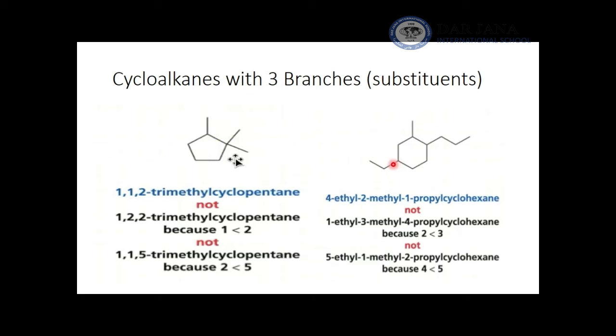The value of these numbers is 4 plus 2 plus 1, 7. If you start numbering from ethyl, 1, 2, 3, 4, so the values are 1, 3, and 4. The value of these numbers is 4 plus 3, 7 plus 1, 8. So the first one is correct, the second and the third are wrong.